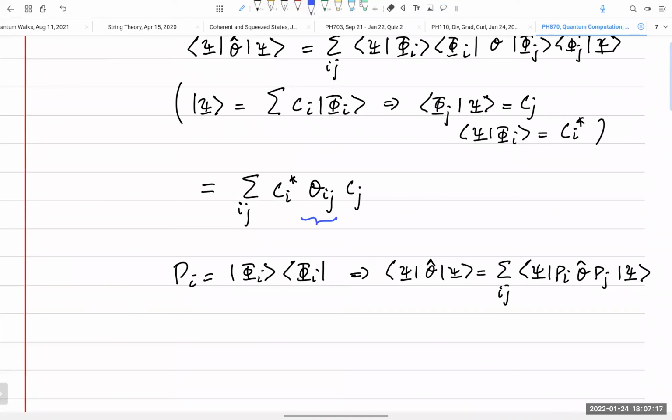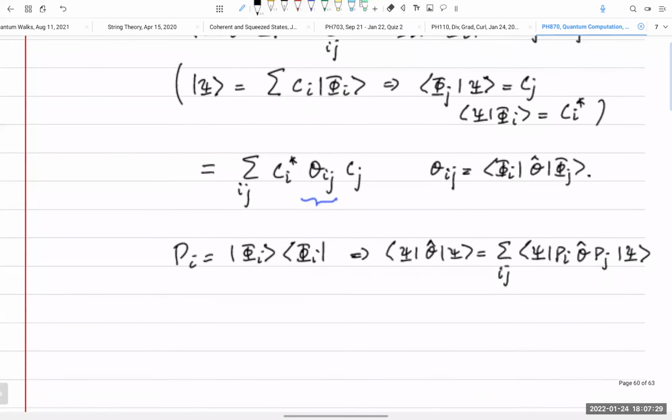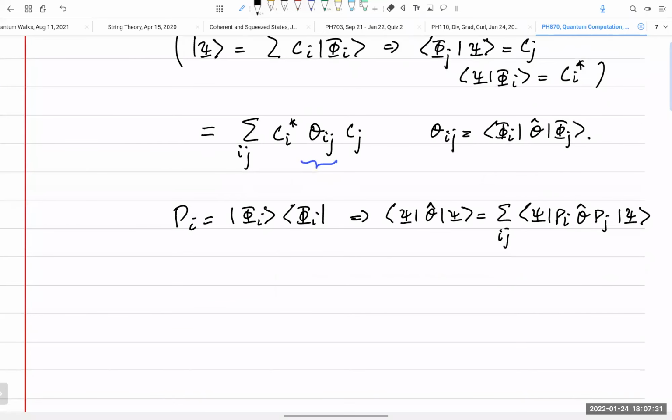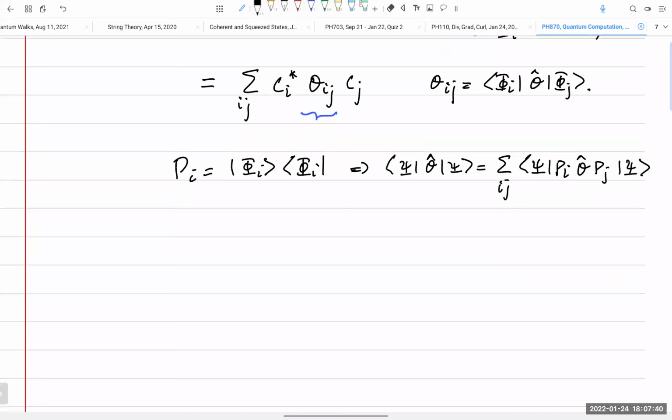So here, for instance, these are the matrix elements: O_ij is phi_i O phi_j, and phi_i, phi_j is the basis in which the measurement is being made.